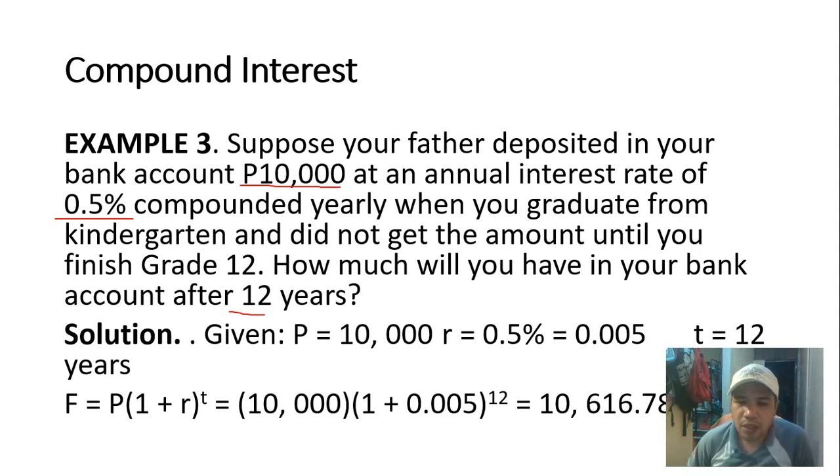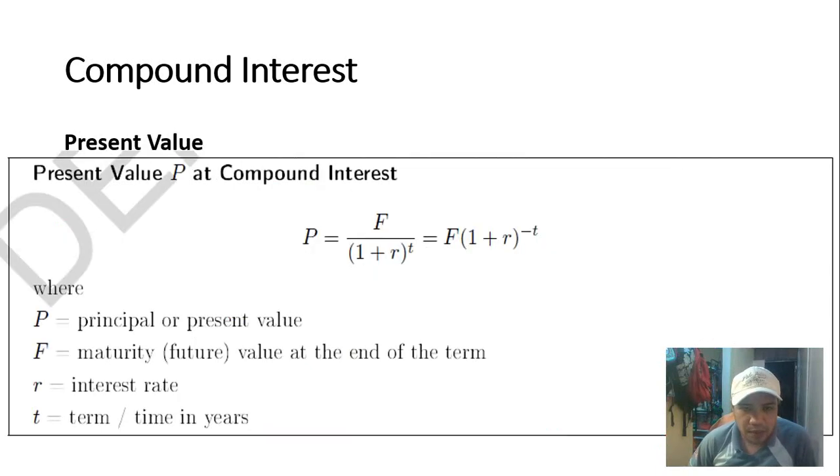So, 10,000, 0.5% is 0.005. Time is 12 years. So, 10,000 times 1 plus 0.005 raised to 12 is 10,616.78. So, you earn 616.78 interest after 12 years.